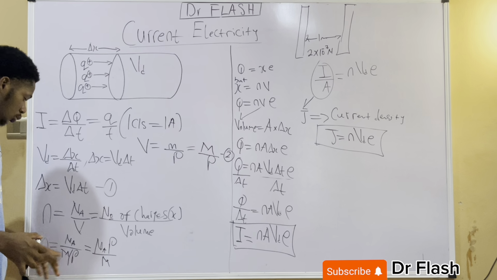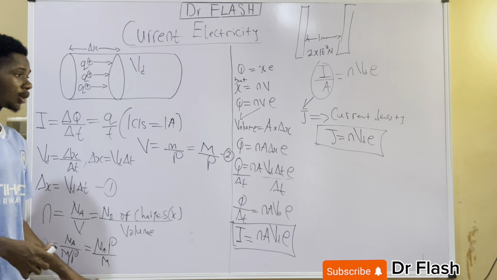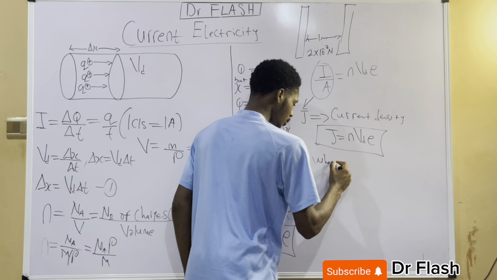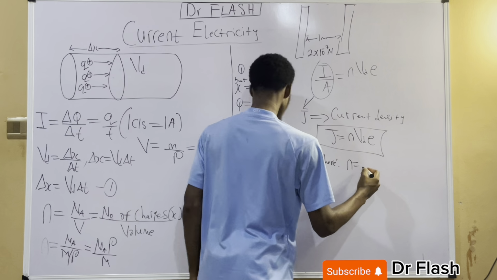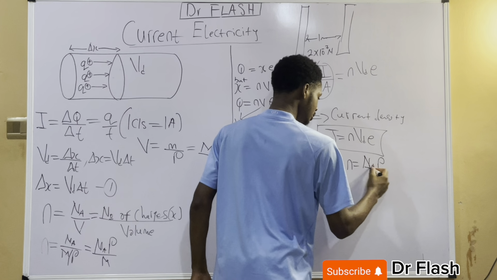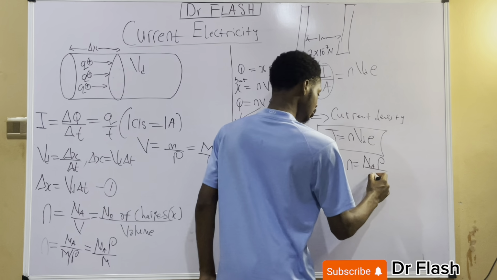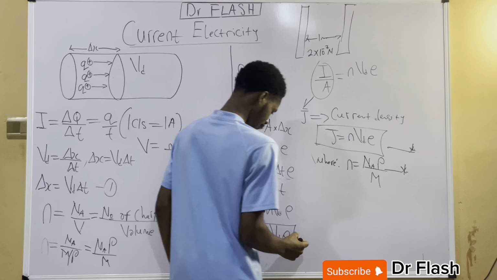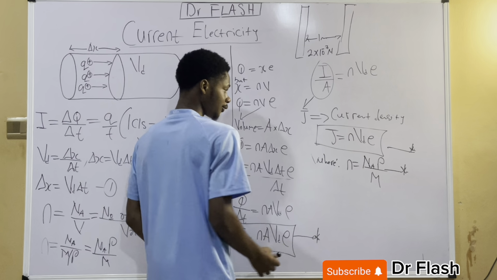Number of charges per volume is NA times rho divided by the molecular mass. So here N is equal to Avogadro's number times the density divided by the molecular mass. Okay, so these are the useful formulas.